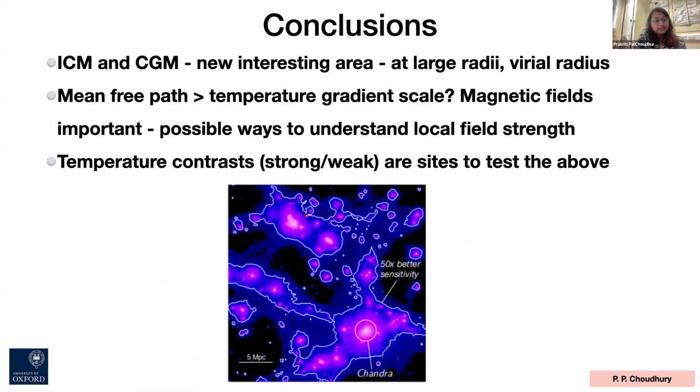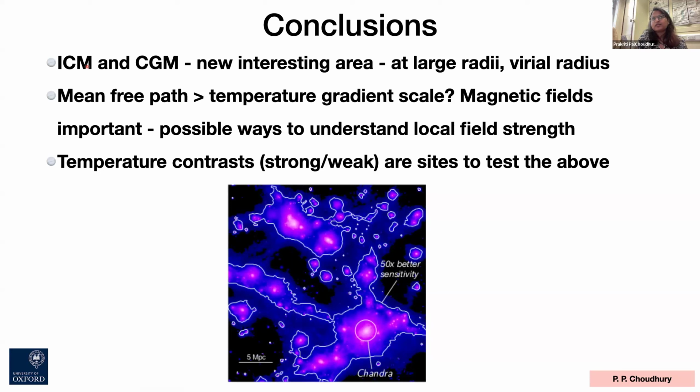The first conclusion is that the circumgalactic medium is, of course, the new interesting area because it is fainter, so it has not been explored as much as the clusters. And the virial radius, or the outskirts of all these CGM or ICM, is quite interesting in terms of this microscale physics.